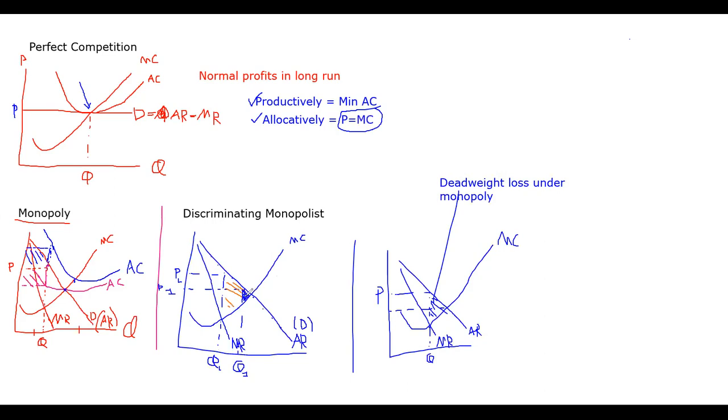Deadweight loss decreases down to this instead of all of this. That's an advantage of a discriminating monopolist. Also, generally, for the people who buy the product at lower prices in another market, it is a benefit. So even price discrimination can have some benefits.